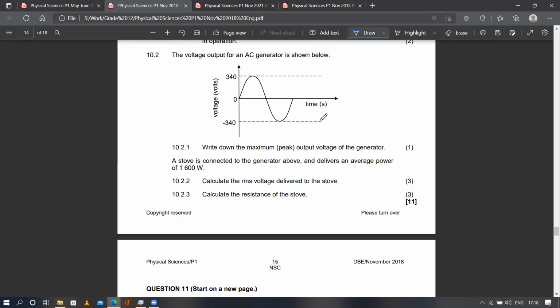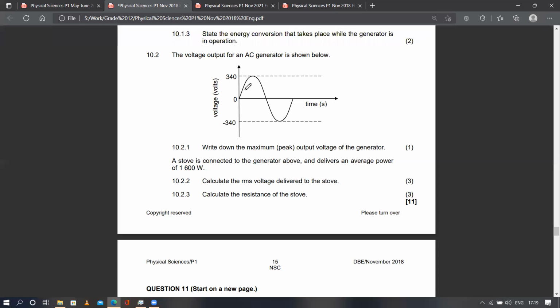For the first question, they want you to write the maximum or peak output voltage of the generator. Just from the graph, because they said peak, you can either choose 340 volts or negative 340 volts as your maximum. Whichever you choose is correct. Now they say a stove is connected to the generator above, which produces 340 volts at maximum, and it delivers an average power of 1,600 watts.